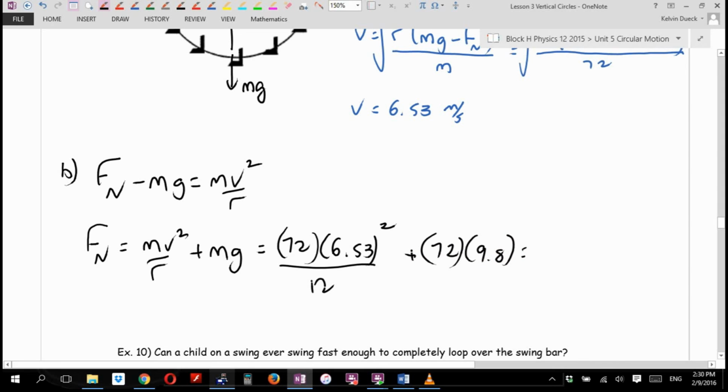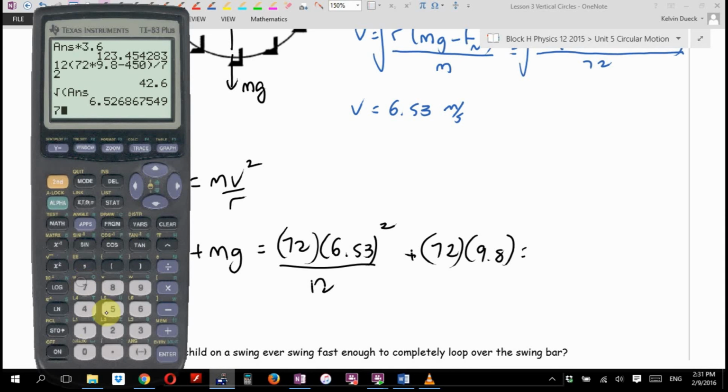And yeah, Raj, you're going to feel heavier at the bottom and lighter at the top. 961 newtons.